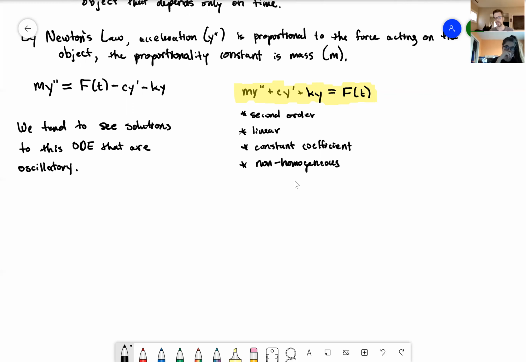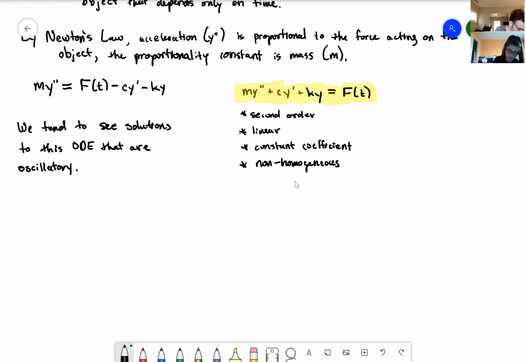Whenever we get something that's far away from the equilibrium position, it has a force applied to it that accelerates it in the direction back towards the equilibrium position. It overshoots it and comes back down, and goes back up and comes back down, and so on. So we expect these things to oscillate, at least from our physical intuition. But now we have a mathematical model. We'll see how that turns out to be true.